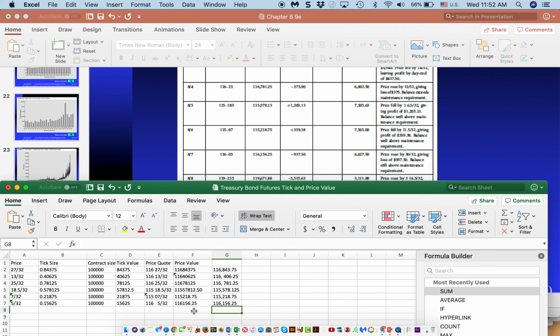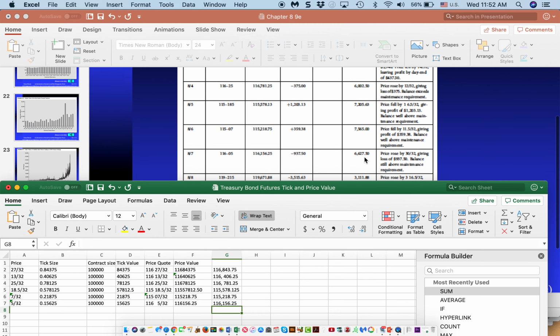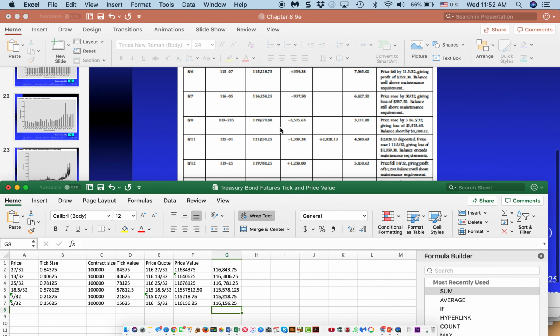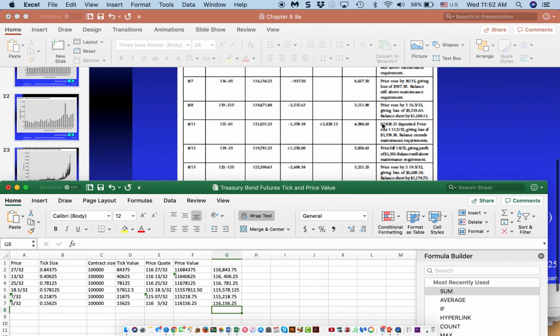It's 116,156.25. You lost, between these two, 937.50. Add this negative number, and then you get 6,627.50. So you go ahead and do the rest of them and find out.